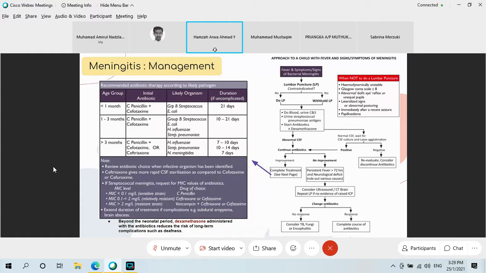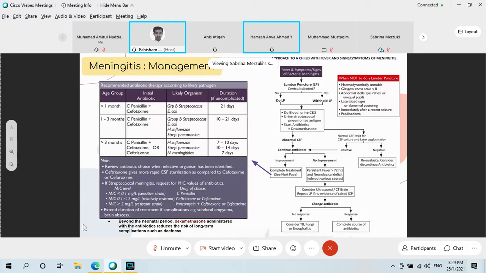What are the risks? If you think of GBS, what are the things that you need to ask in terms of questioning to pinpoint the risk of GBS?